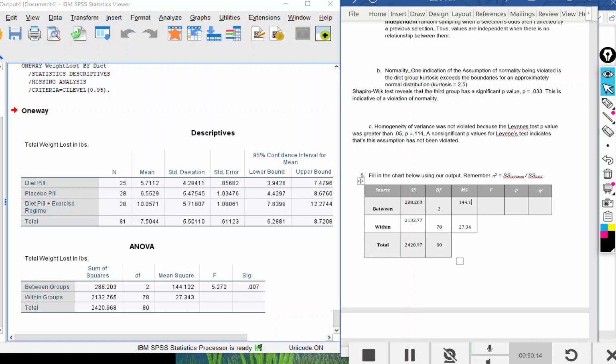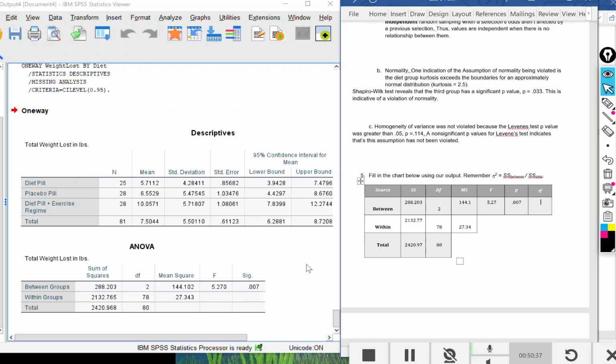I'm just going to round this to that right there. And then this is going to be 5.27. The p-value is significant. Right, so we'll put this right here for significance, which is 0.007.